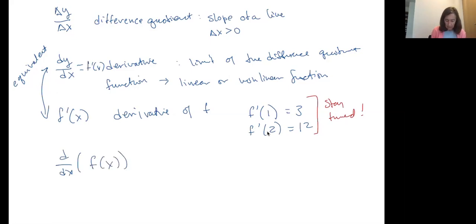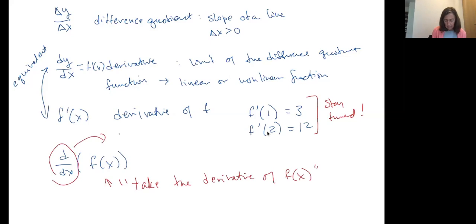What we would say here is this is telling us take the derivative of f of x. Find the derivative. So written like this, this is a command. You can also think of it as an operation. Taking derivatives are operations that we perform on functions.